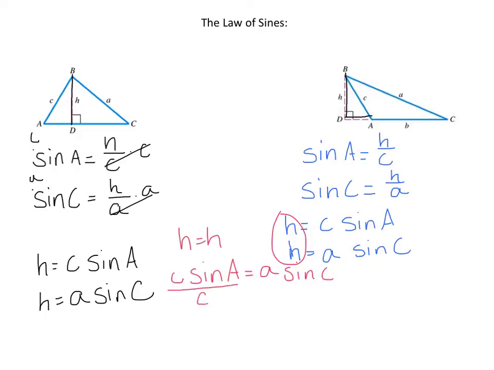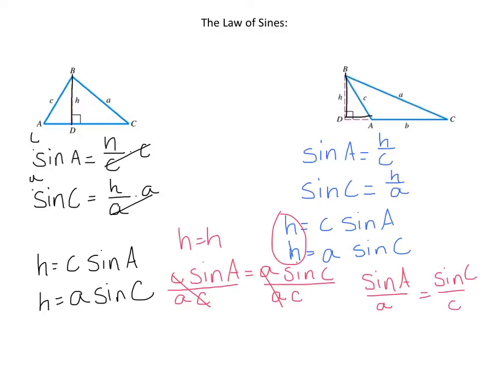I can divide by c on both sides. I can divide by a on both sides. And what I end up with is the sine of A over a is equal to the sine of C over c.